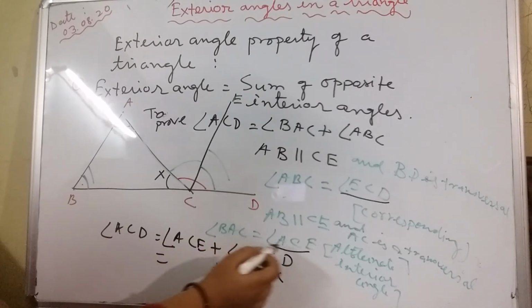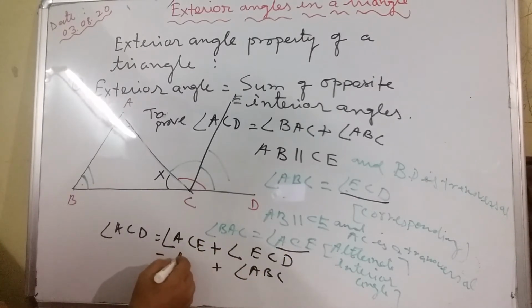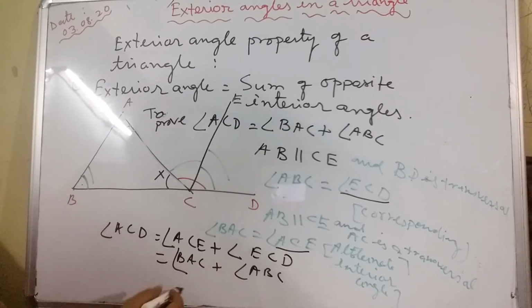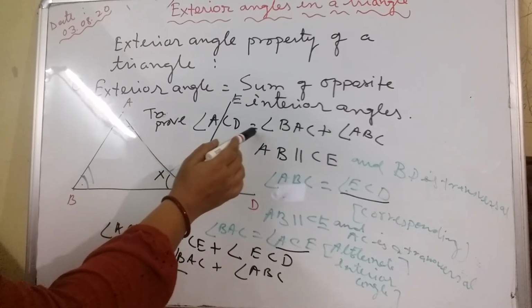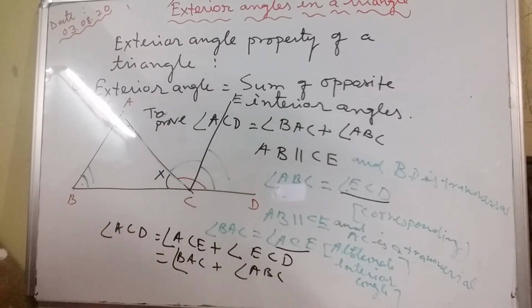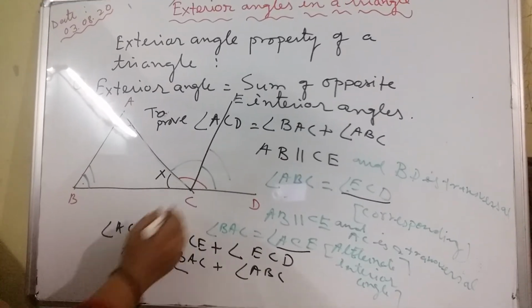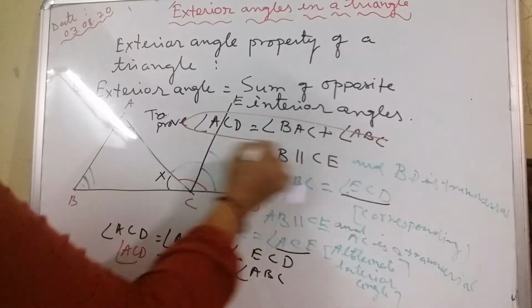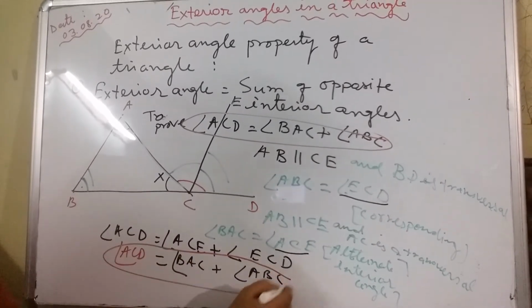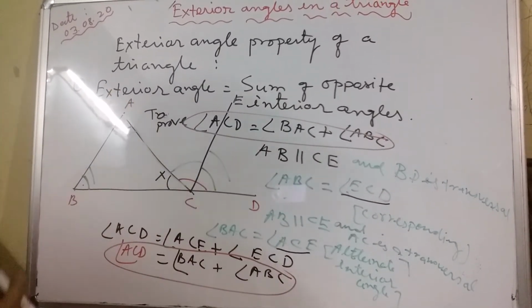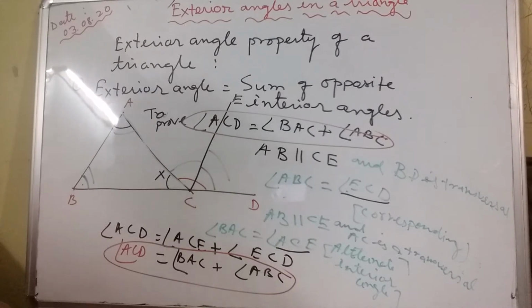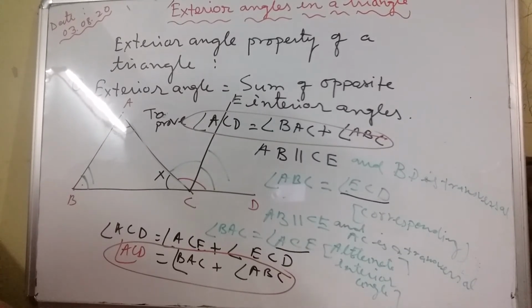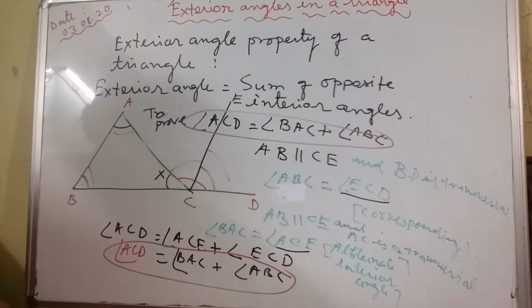So in place of ACE we can write angle BAC. Okay, so that is what we wanted to prove. So this property is proved. That means exterior angle equals the sum of opposite interior angles.